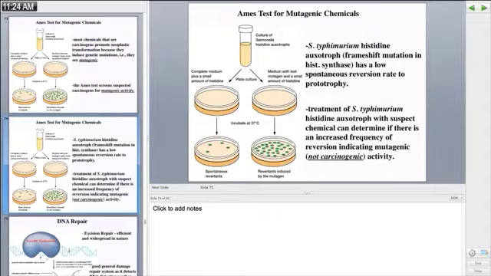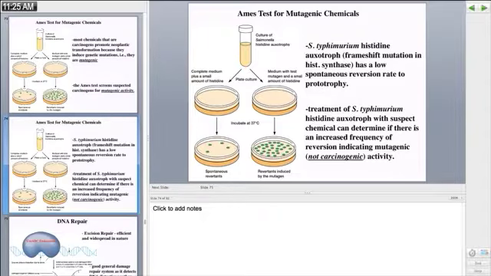Many of the chemicals that end up being carcinogens, that are created and released into the environment, by themselves, as we would ingest them, are not carcinogenic. They are not mutagenic. But they become mutagenic as the result of our liver breaking things down. Our liver is wonderful at breaking down xenobiotics, chemicals in the environment, to try and detoxify them. But occasionally it breaks down something that's not toxic into something that is toxic.